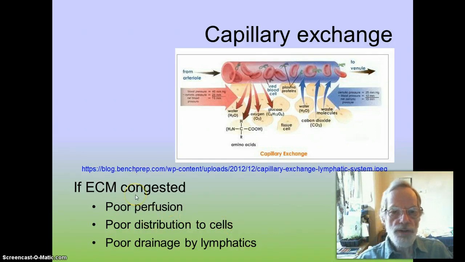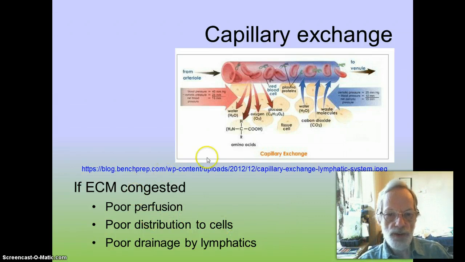So if the extracellular matrix is congested, so there's all sorts of gunk accumulated between these cells, then you get poor perfusion of nutrients and oxygen to the tissue cells, and there's poor distribution of these vital components to the cells, and then there's also poor drainage to the venous system.